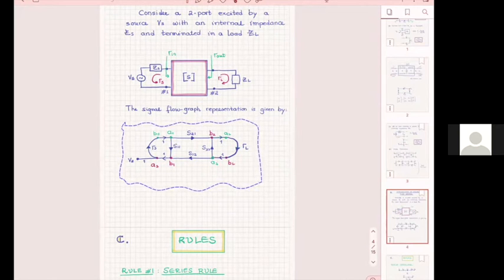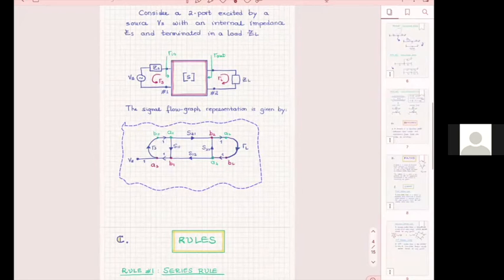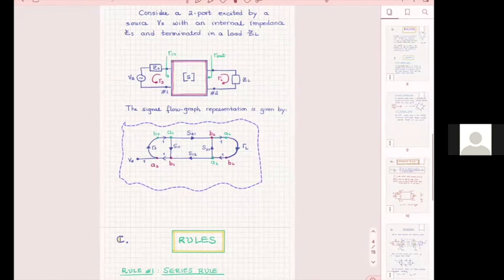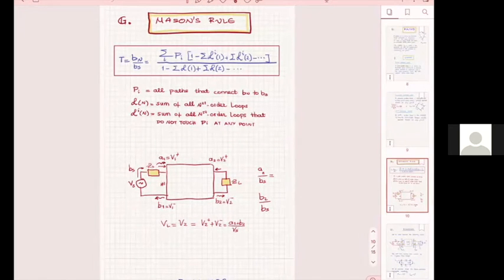Then from there, I will not go to the rules, but I would go to Mason's formula. Mason's formula says that if I have this signal flow graph, I can find all of the ratios.